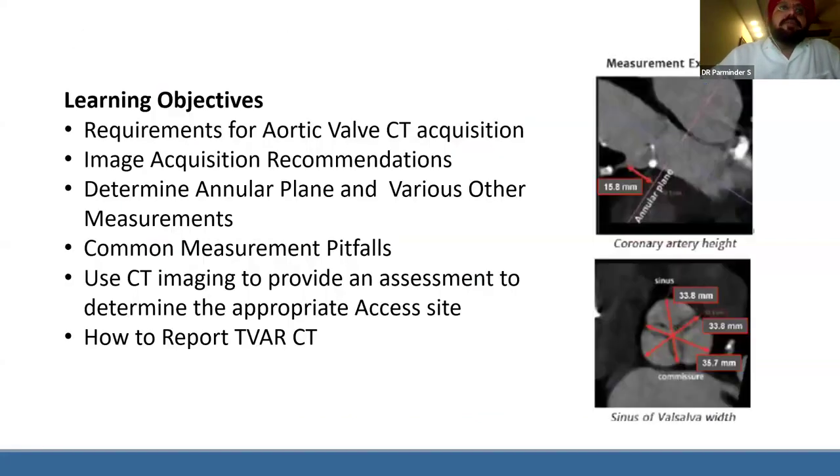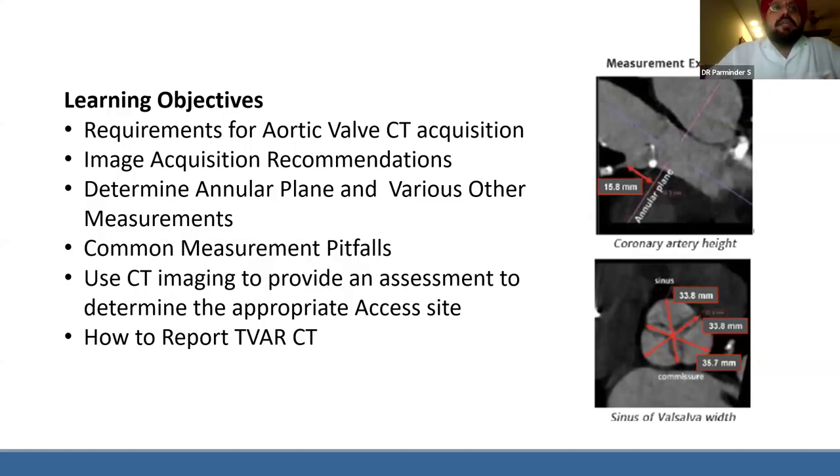So the learning objectives for today's presentation is regarding the CT in aortic valve assessment for TAVI or TAVR, whatever we say. Most important thing, I think, is the CT acquisition. We'll be discussing a little bit about that also, because that's the most important parameter. If the CT acquisition is not done properly, we can't really analyze it properly.